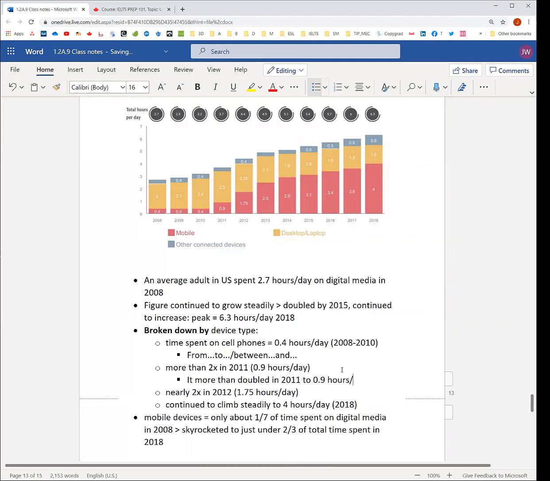One more time. It more than doubled in 2011 to 0.9 hours per day. Good. Okay, good.